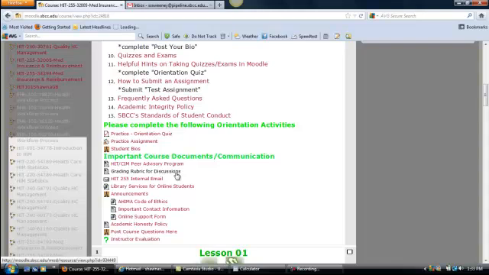So you want to make sure you review that document so you know how I am grading and how to get the full points possible. Also, some other important links: the library and the academic honesty policy. Also, if you have questions, I recommend that you post them to the post-course questions forum. That is a forum that I will check on a daily basis.